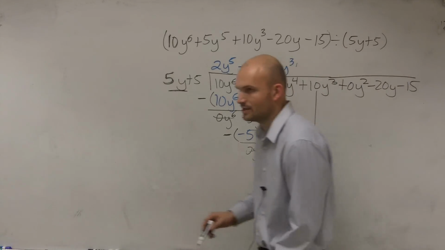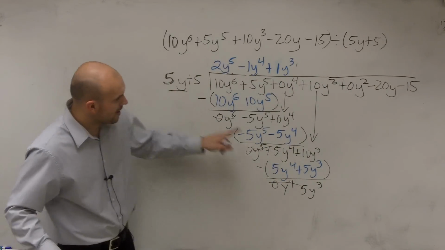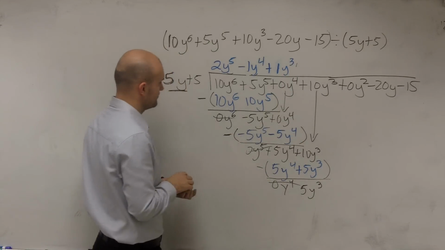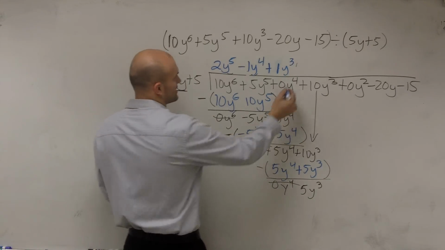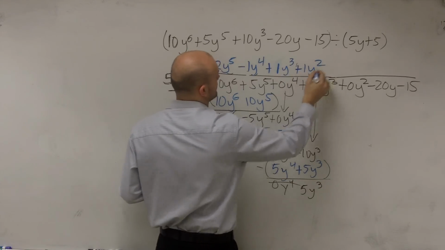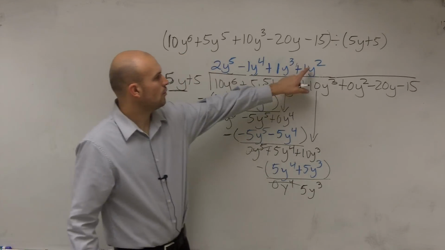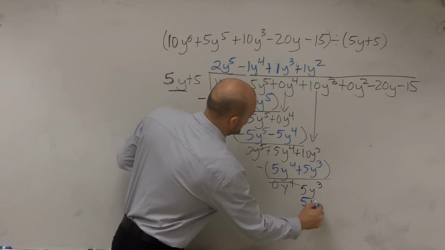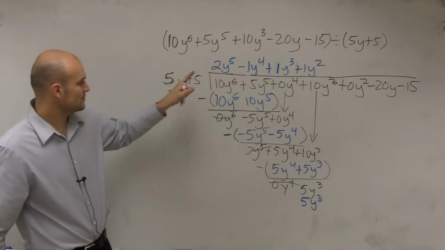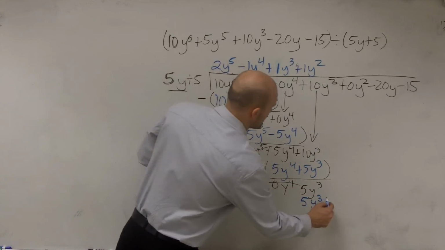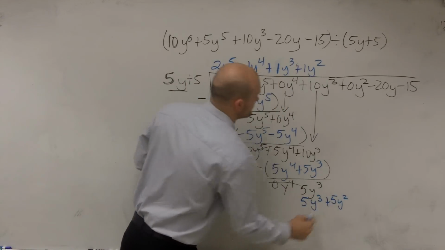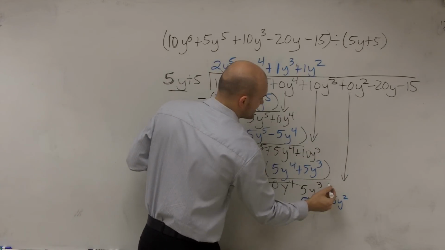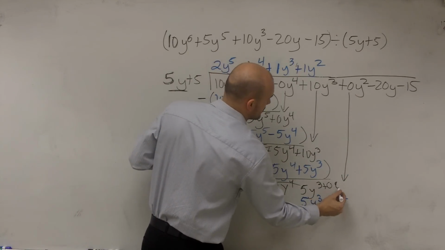Now again, we apply our properties. 5y divides into 5y cubed, 1y squared. Y squared times 5y is going to give you 5y cubed. Y squared times 5 is 5y squared. Then I bring down my 0y squared.